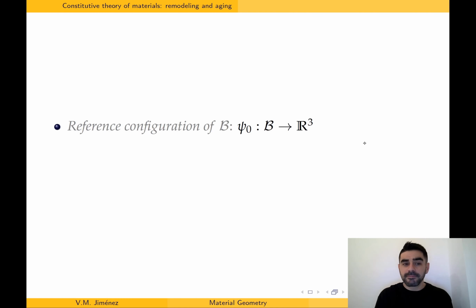Roughly speaking, in a given reference configuration, the constitutive response at one point and at one time will be characterized by one or more functions depending on the associated matrix to the first derivative of the configurations at this time and at this point.